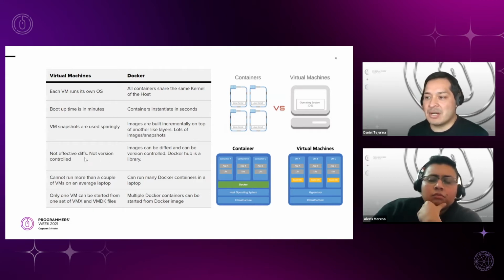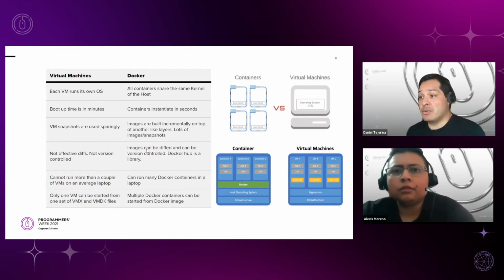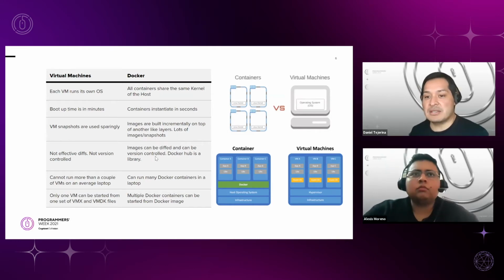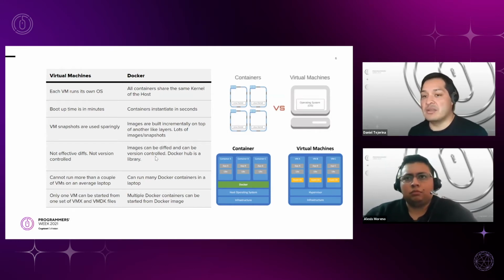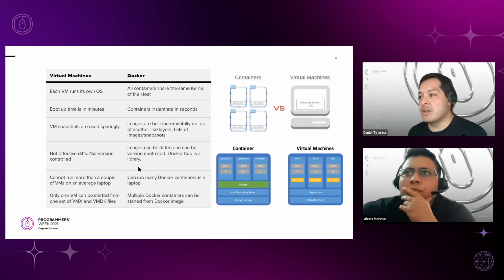There is no version control in a virtual machine, but in Docker we can get version control, tagging our image with different versions, for example, and then we can use the command docker run with, for example, our test framework version 1.0.